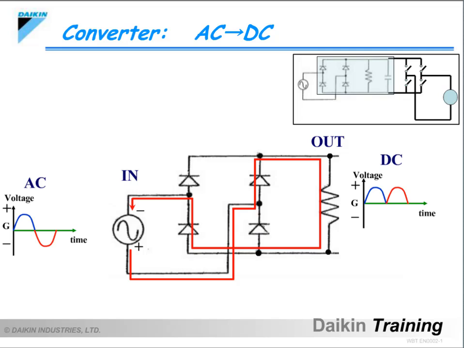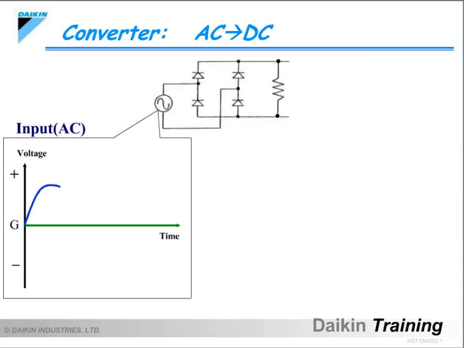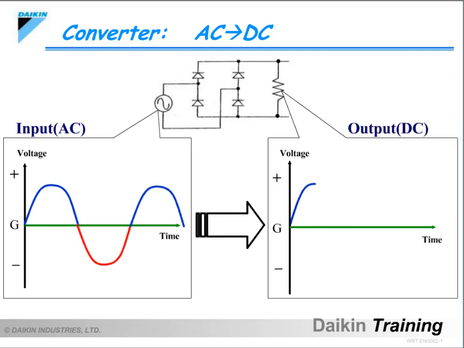Therefore, the output current is always positive even if the current at the input side is alternating between positive and negative. In other words, the AC power going through the converter circuit is converted to DC at the output side. The diagram on the right shows the power waveform after the AC is input into the converter, which results in a quasi-DC wave.